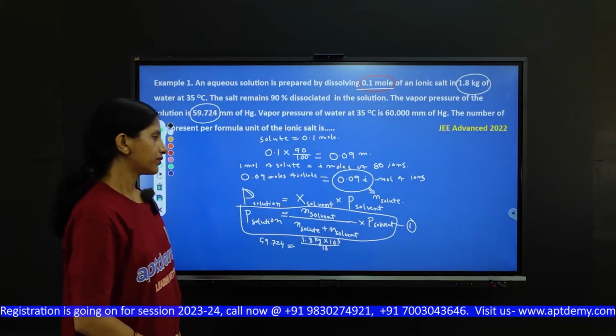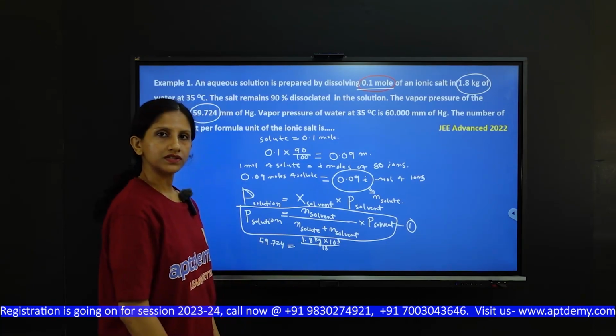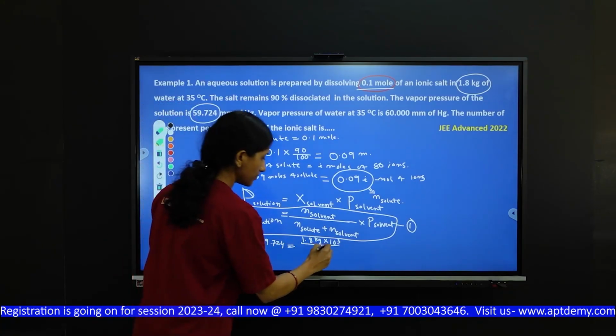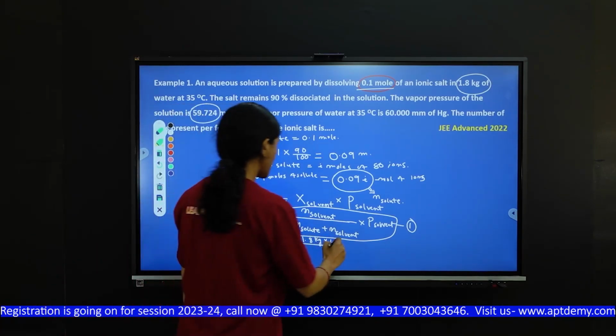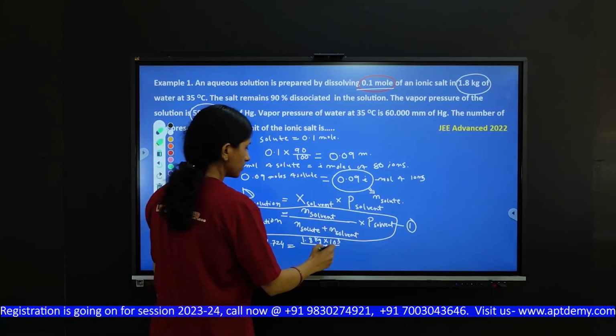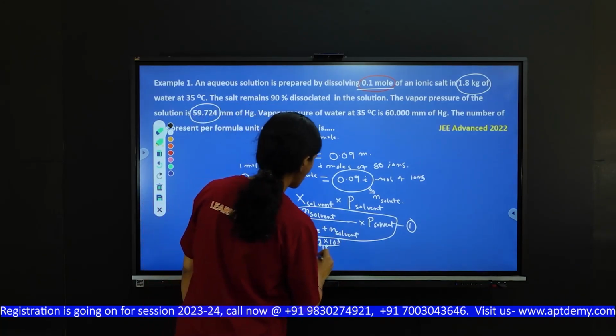So the number of moles of the solvent is equal to the weight of the solvent divided by the molar mass of the solvent, that is 1.8 kg times 10 cube divided by 18.